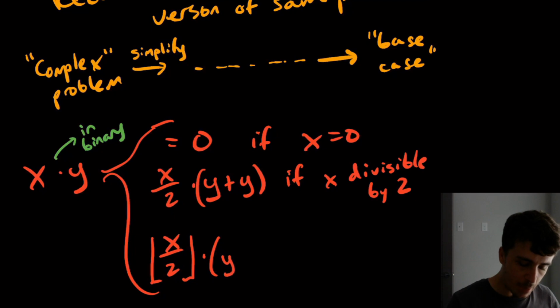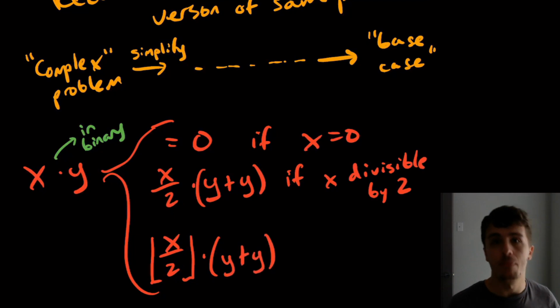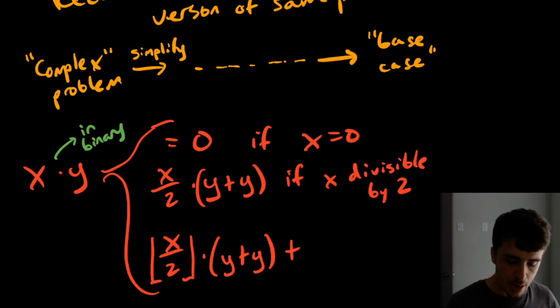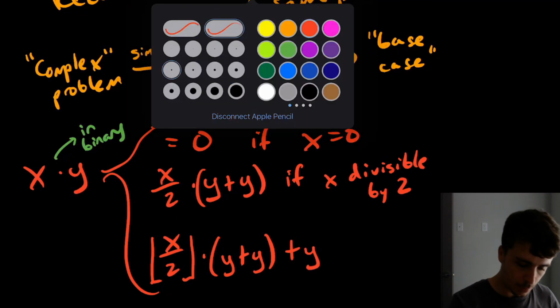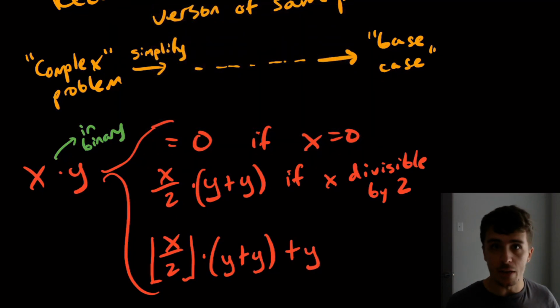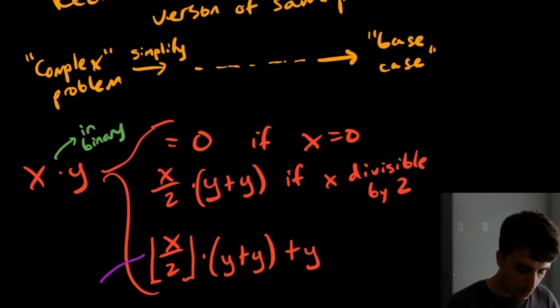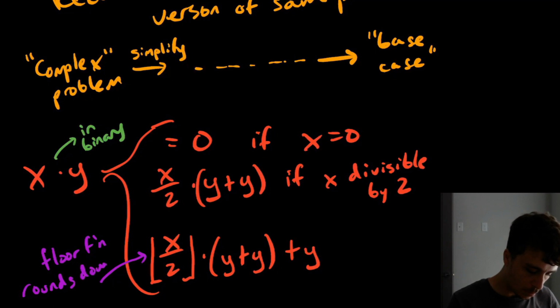Then multiply by the y plus y thing, and then add another y on top of it. I invite you to check this for yourself, that this really does work. This is called the floor function, and what it does is round down to the nearest integer.